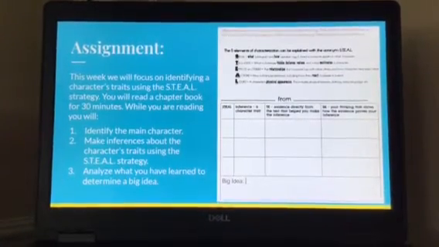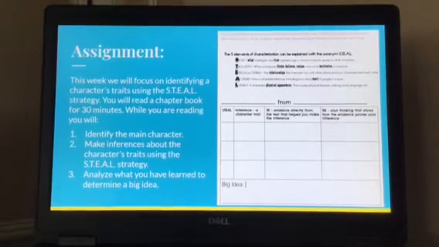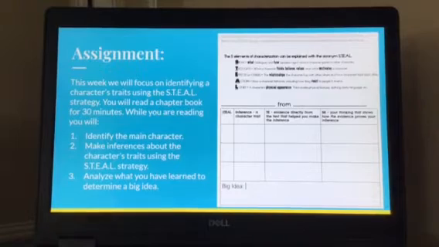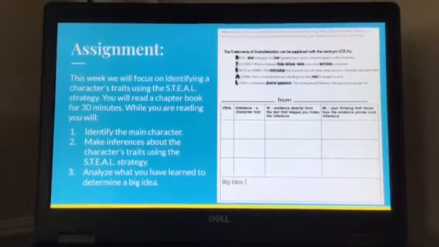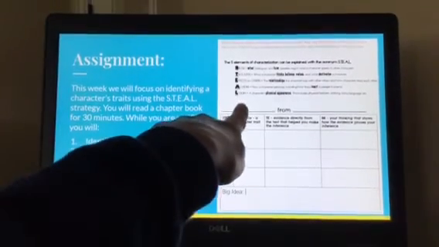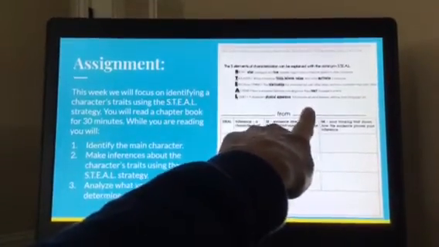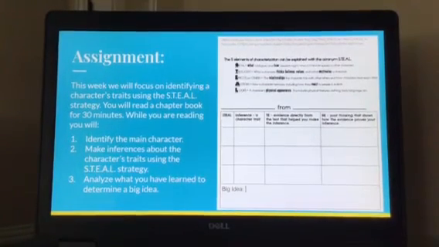Your assignment for the week will be to focus on identifying a character's traits using the STEEL strategy. You will read a chapter book for 30 minutes. While you are reading, you will: 1. Identify the main character. The character goes here, the book title right there. 2.